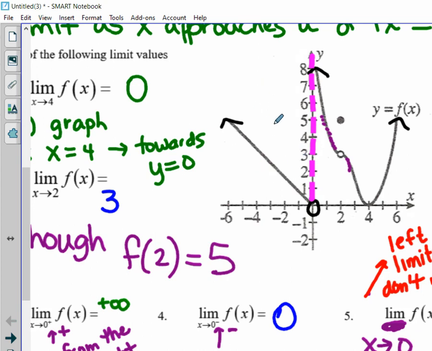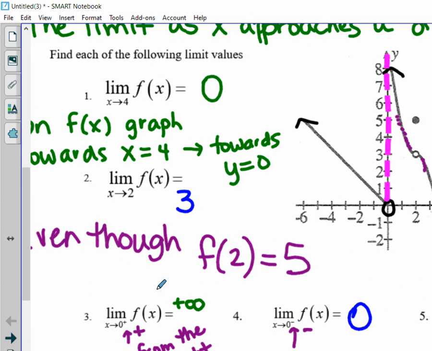Left and right around 2 got us to the same place. Left and right from 0 don't. If it doesn't specify a side, you should think about both of them. Sometimes, though, we only want to think about one side at a time. So you might be just asked about one side, or overall, generically, you should automatically think about both.